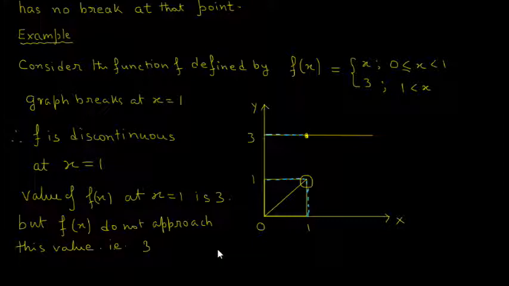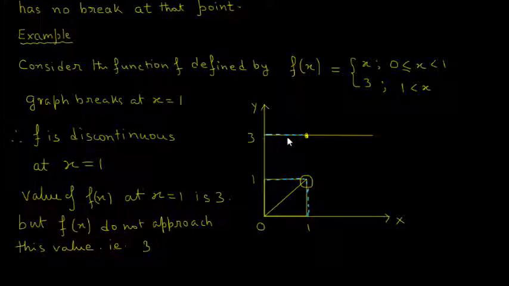Now when x approaches 1, the left hand limit and the right hand limit is 3. Clearly, the graph breaks on the left of the point.